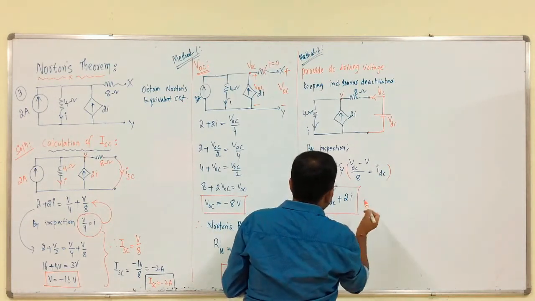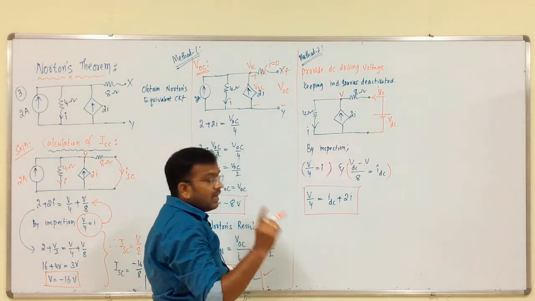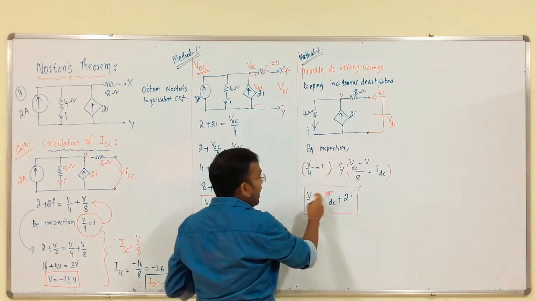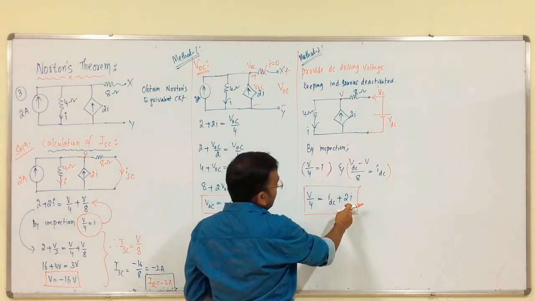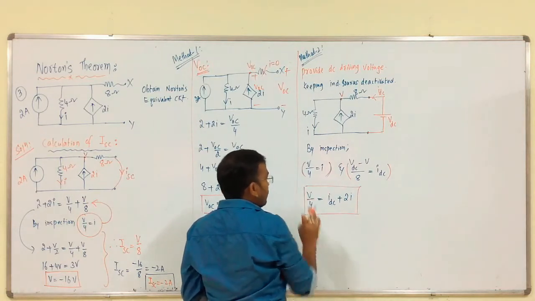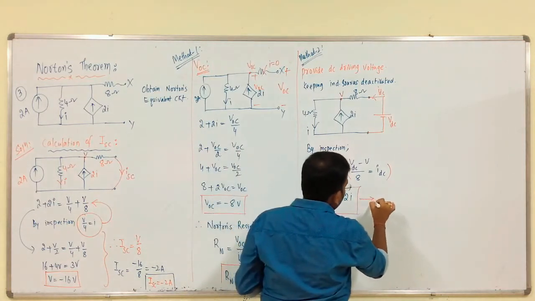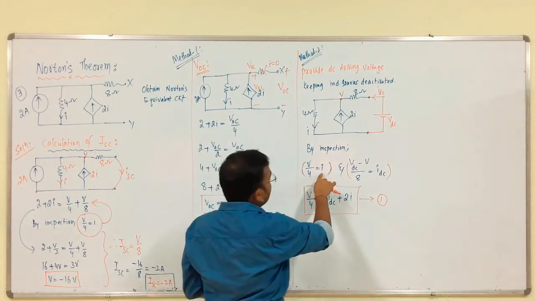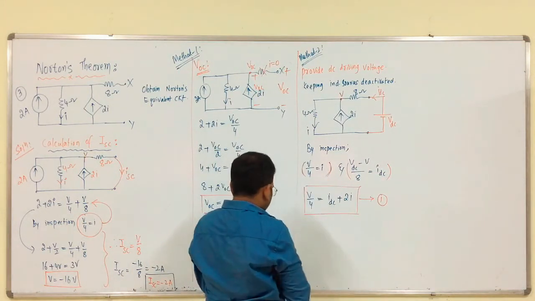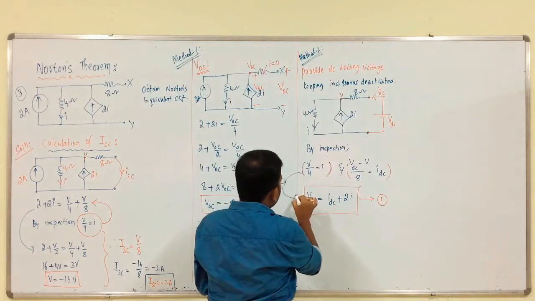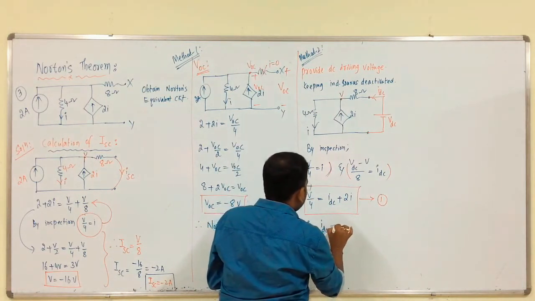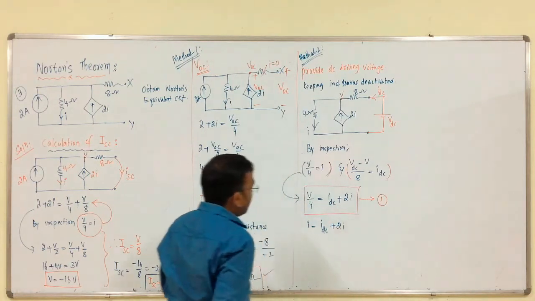But what is our motto? To get the equation in terms of IDC and VDC only, but here we have V and I. Then substitute the I value and the V value. For example, this is equation 1. From this V equals 4I, and substituting it, we get I equals IDC plus 2I.